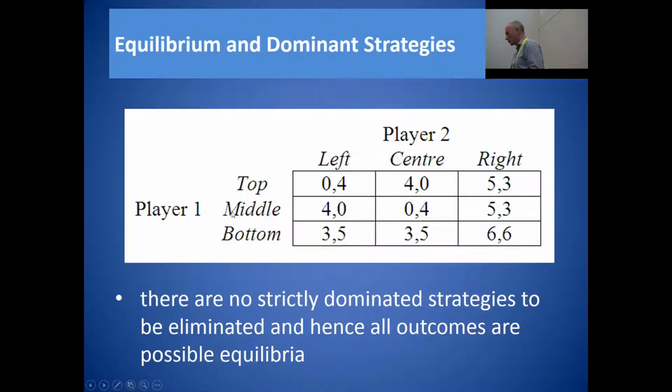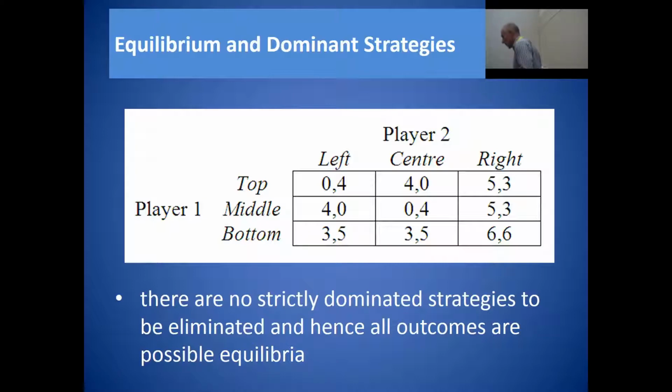When would player 1 choose middle? And when would player 1 choose bottom? Well, if you look at those numbers there, it all depends on what player 2 does. So, for example, if player 2 were to play left, what would player 1 choose to do? Top, middle, or bottom?